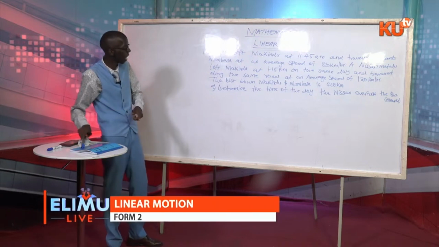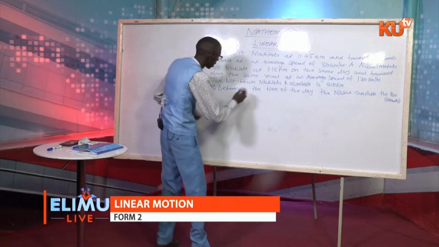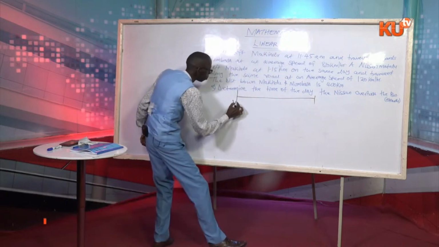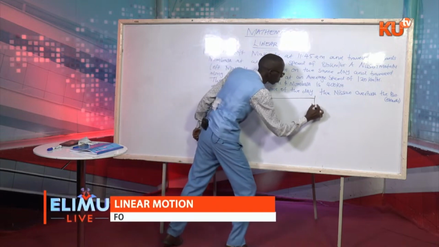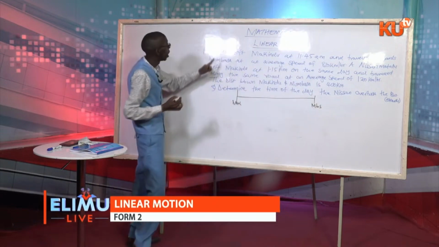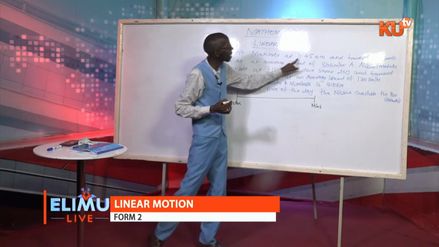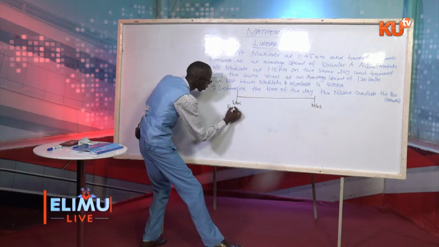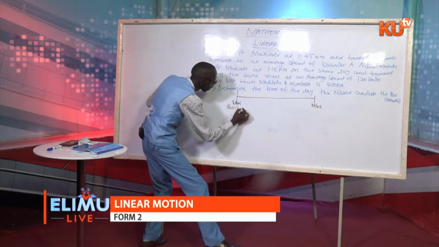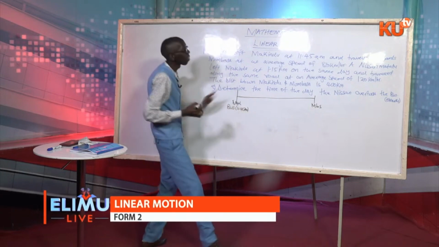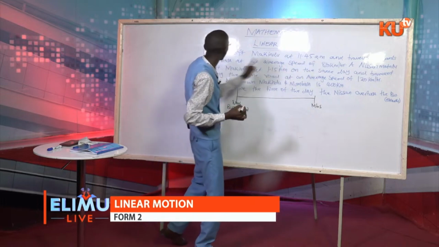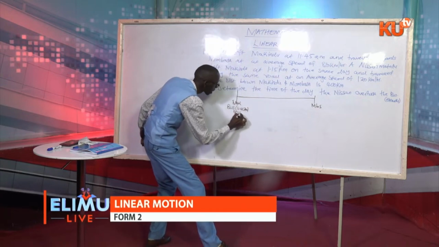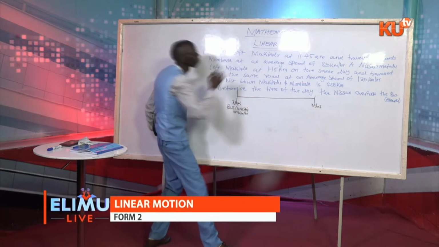There is Makindo, and Mombasa. A bus left Makindo at 11:45 a.m. and traveled towards Mombasa at an average speed of 80 kilometers per hour.